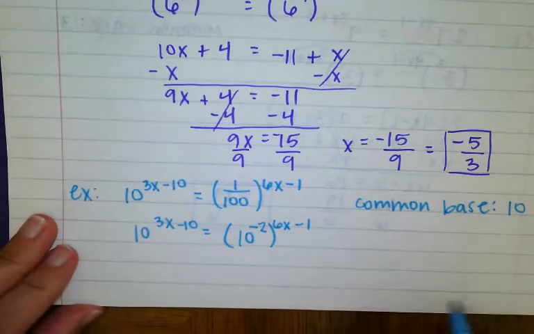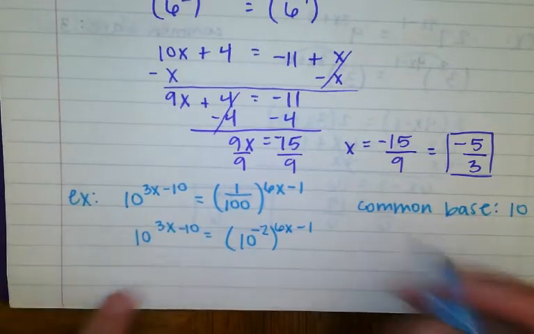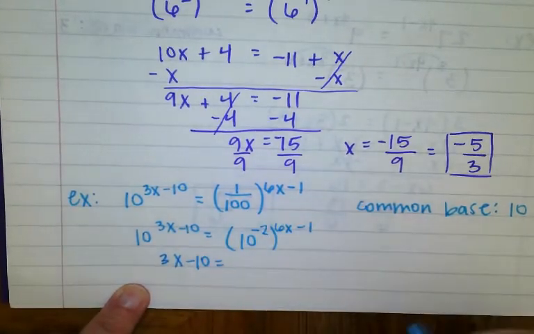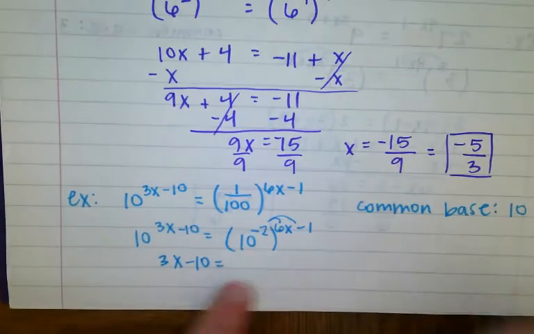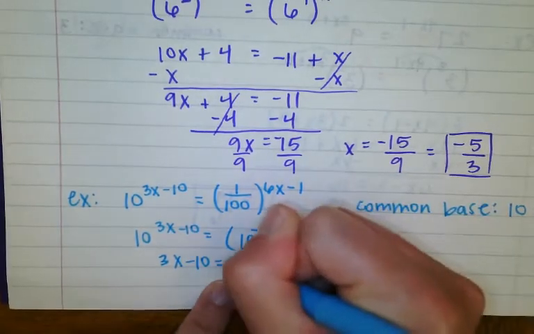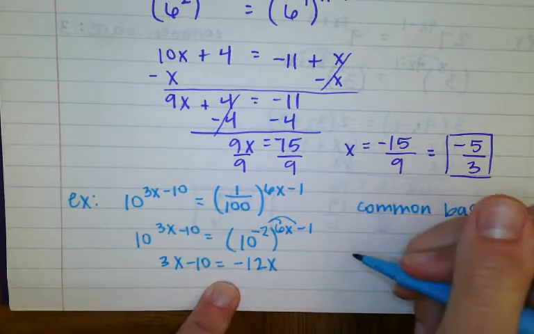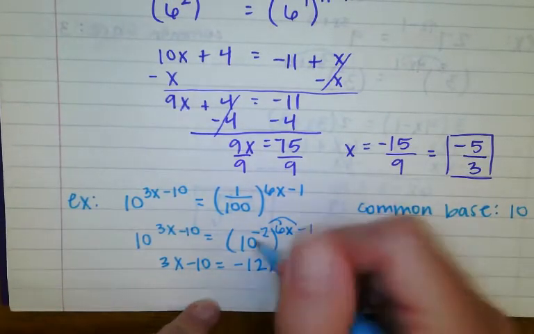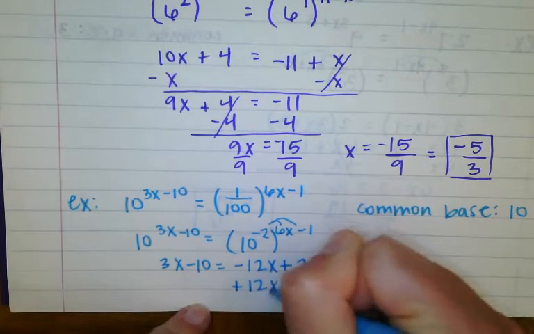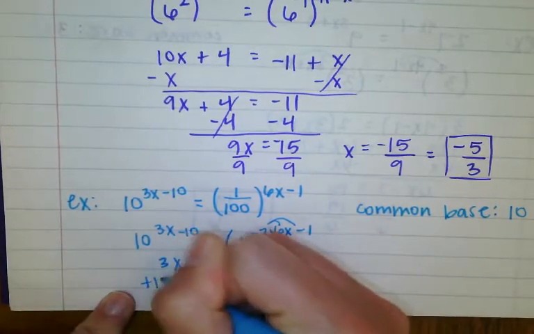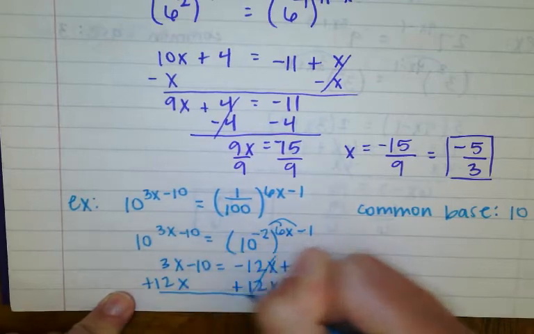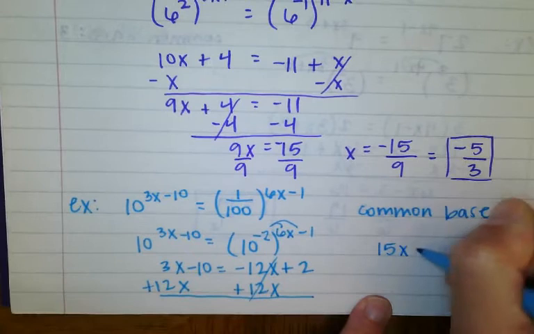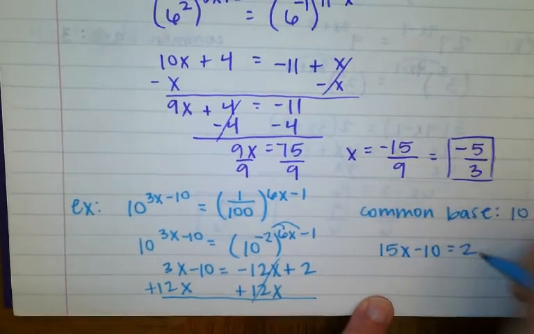Okay, now let's solve the equation in the exponents. So I have 3x minus 10 equals, I'm going to go ahead and distribute my negative 2. So negative 12x plus 2. I'm going to choose to cancel the 12x. So I get 15x minus 10 equals 2.